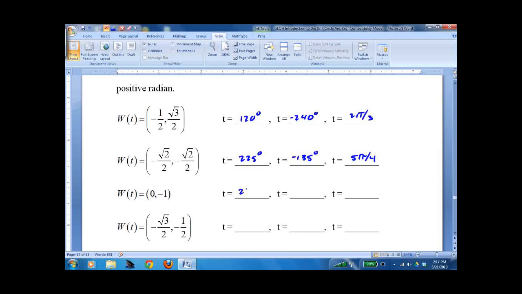Here we're at 270 degrees, which is negative 90 degrees, which is 3 pi over 2. And here we're at 210 degrees, negative 150 degrees, and 7 pi over 6.